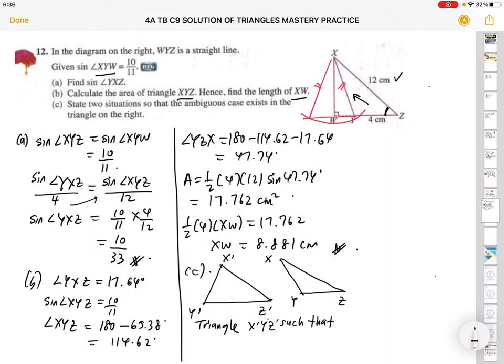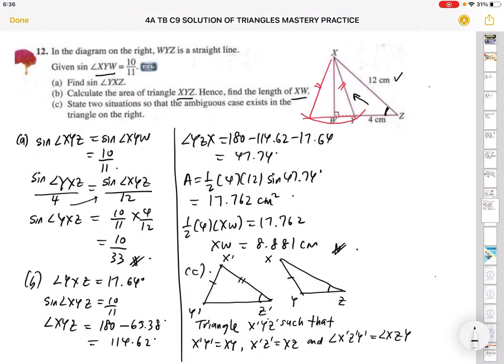So the two equal sides are X prime Y prime equals XY, and X prime Z prime equals XZ, and angle X prime Z prime Y prime equals angle XZY. Can you see? XZY is here. These two are equal, these two are equal. So this is the first case of ambiguity.